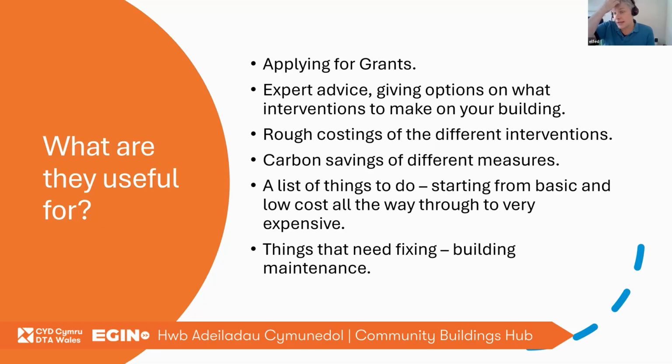And then the last thing it will highlight is things that need fixing, so building maintenance tasks. Just from going around different community buildings and doing energy surveys, by far the most common thing I see is blocked gutters, or sometimes broken gutters, or maybe downpipes off of gutters that are broken or become dislodged.